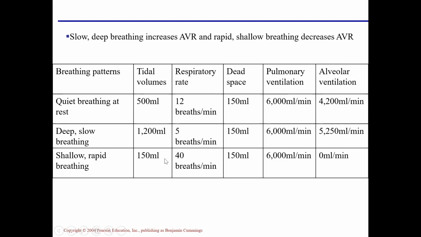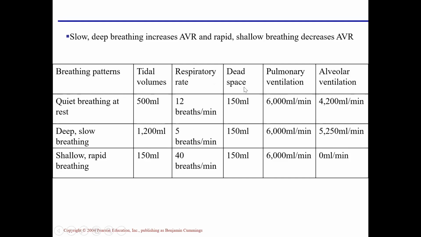Okay, now look at the third one here. Shallow but fast, kind of like the dogs, you know. Really fast but very shallow. So the tidal volume is lower than normal, 150, and the breaths per minute is much more than normal.